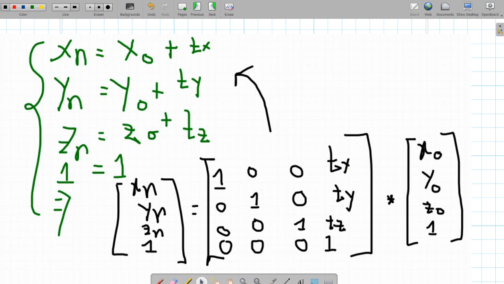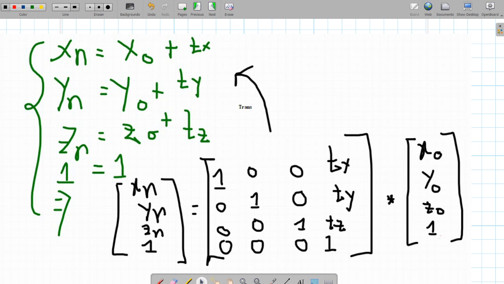That will be equal to x new, and so on. So here is your translation matrix in 3D. It was simple, unlike the 2D transformation.